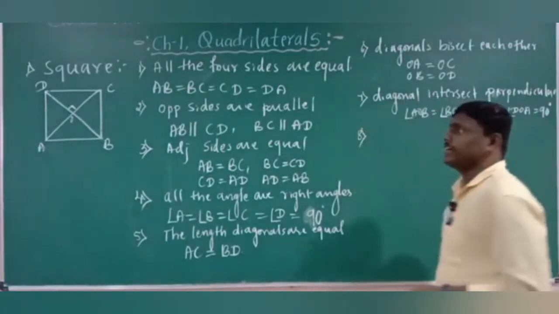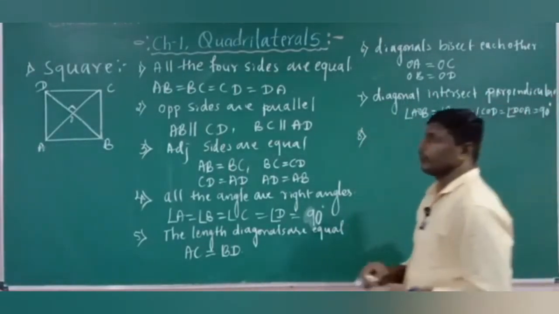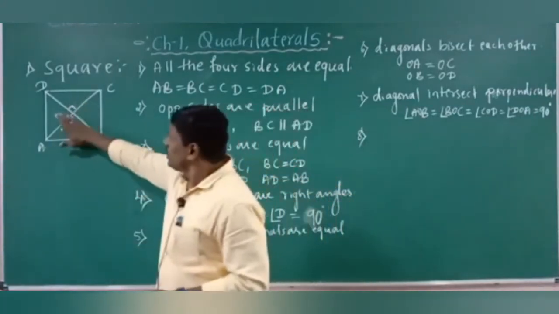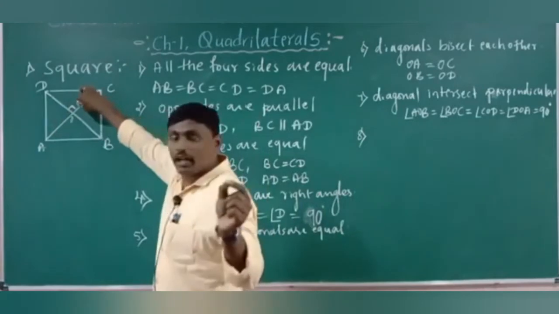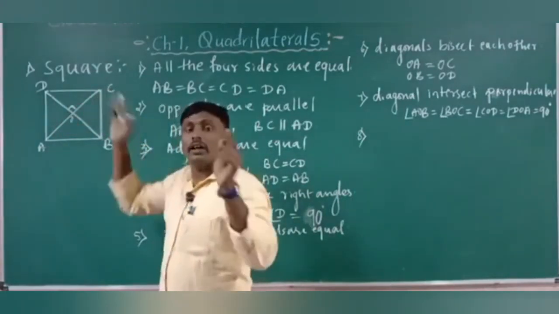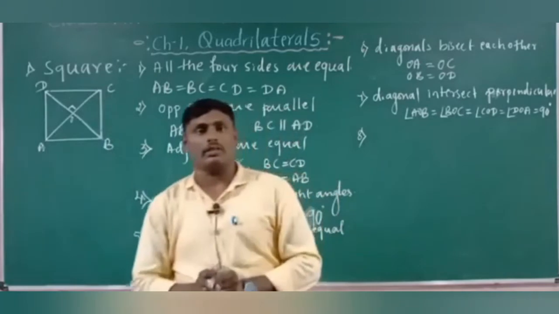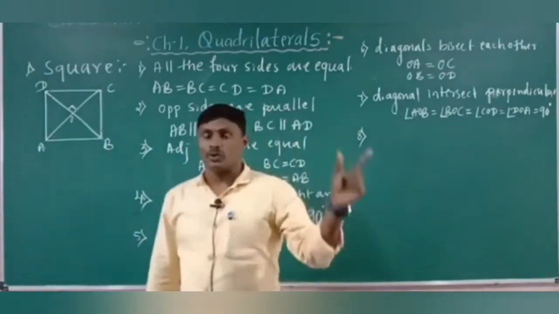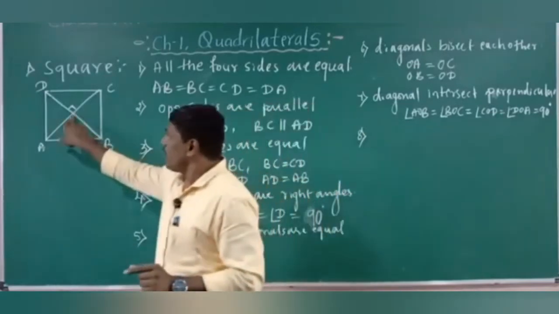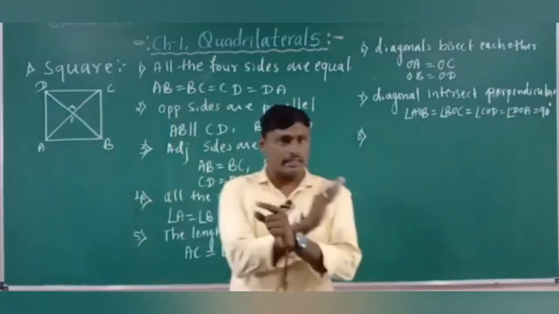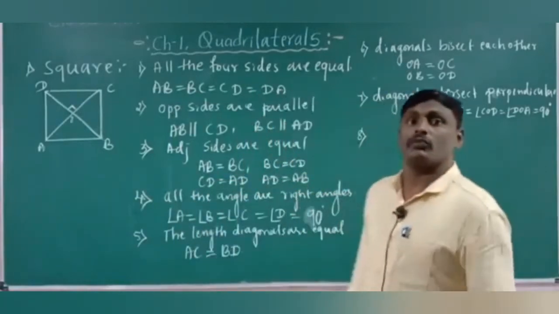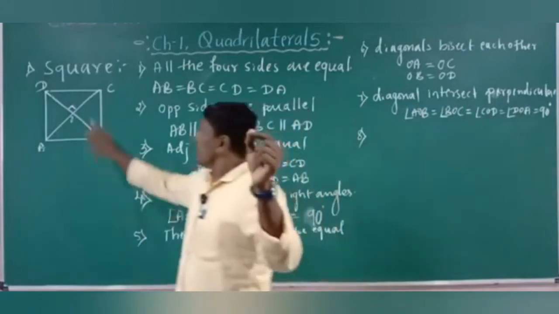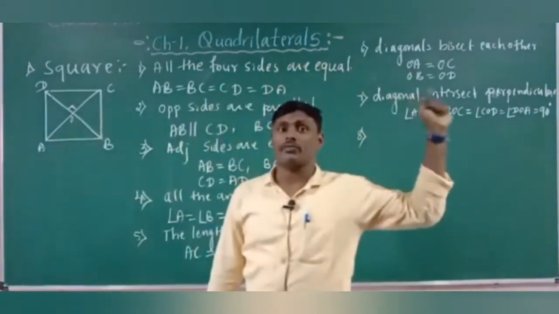Next, eighth property. When two diagonals intersect, each diagonal, if I take only one diagonal here, AC is a diagonal, it divides the square into two congruent triangles, right? Each diagonal divides the square into two congruent triangles, whereas if two diagonals intersect each other, it forms four congruent triangles. This property we already learnt in the properties of rhombus, right?